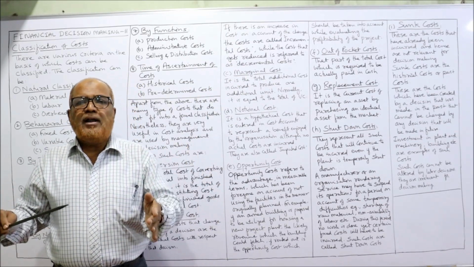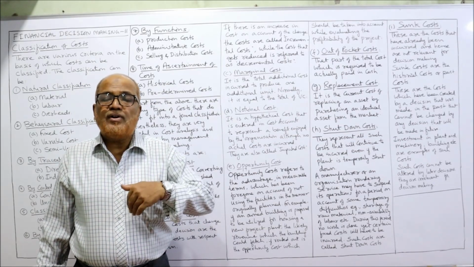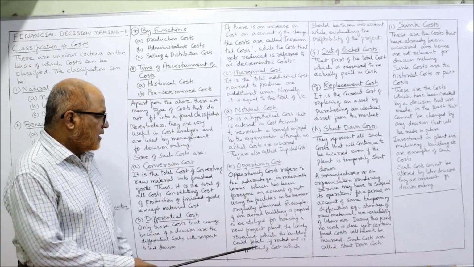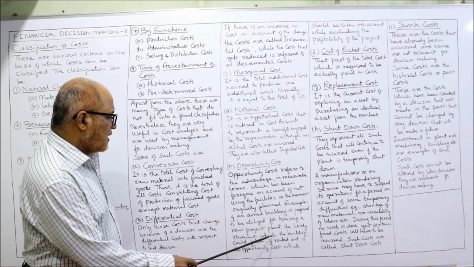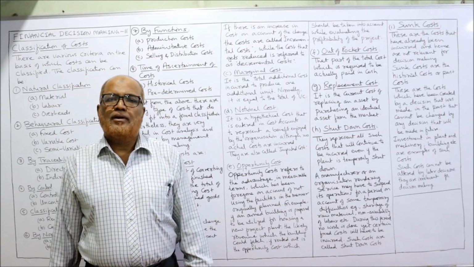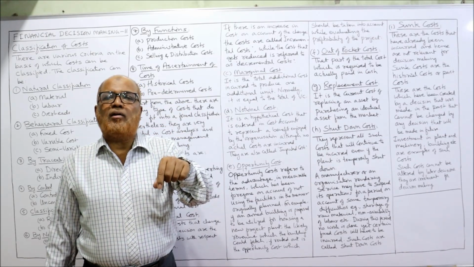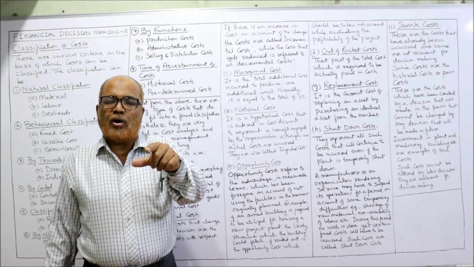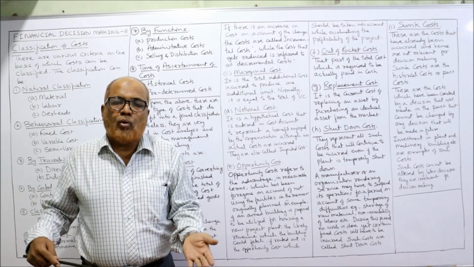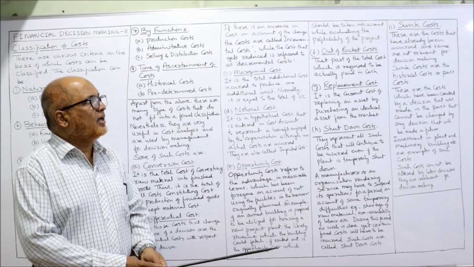That means if we use the building, then we are foregoing the rent. We are not going to get the rent because we are not letting out. We are using the building for our own purpose. Then the rent which the building could fetch if rented out is an opportunity cost. That means the rent foregone by not giving the building on rent but using the building for our own business. So this rent foregone is an opportunity cost.